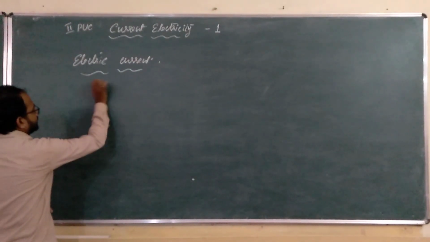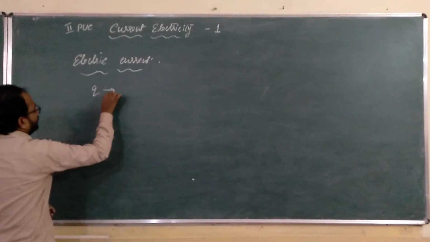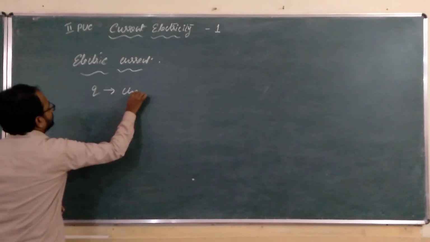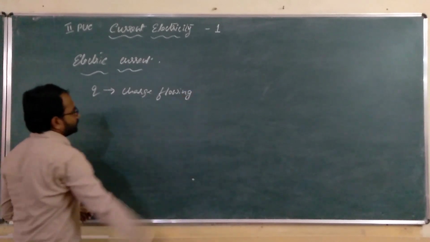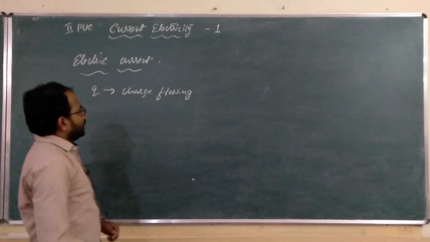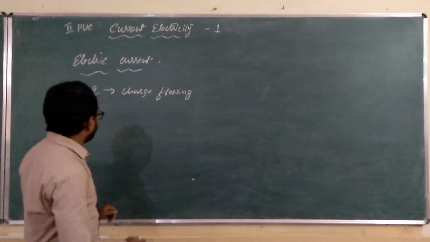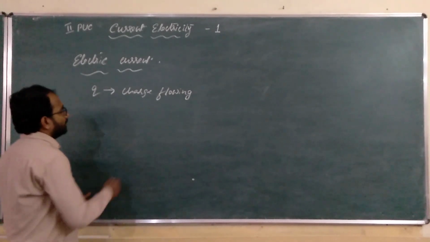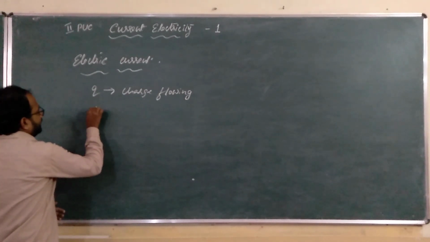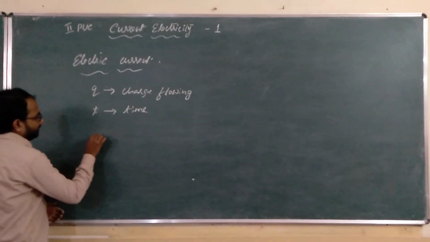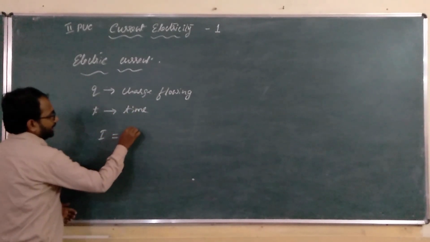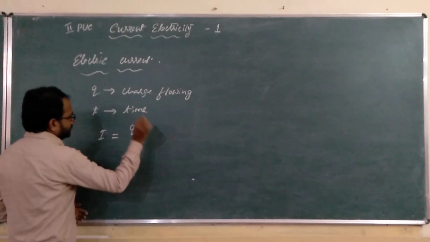Say Q is the amount of charge flowing through any cross-sectional area of a conductor in a time interval of t seconds. Then I define the electric current I as Q by t.